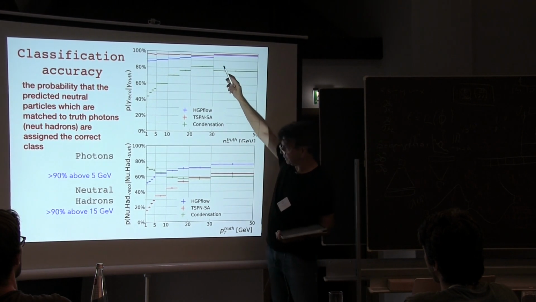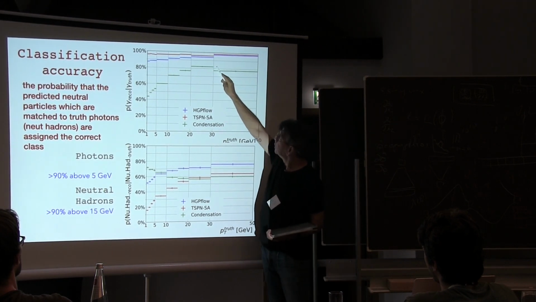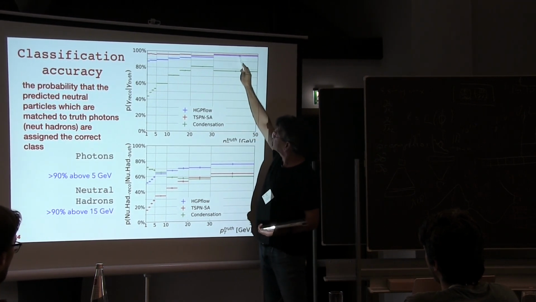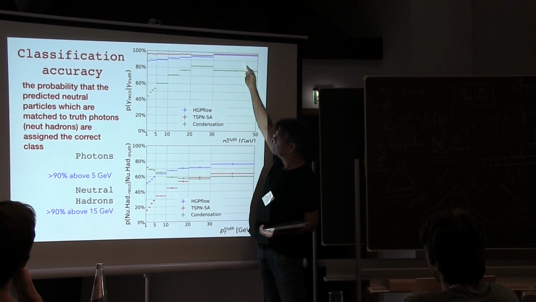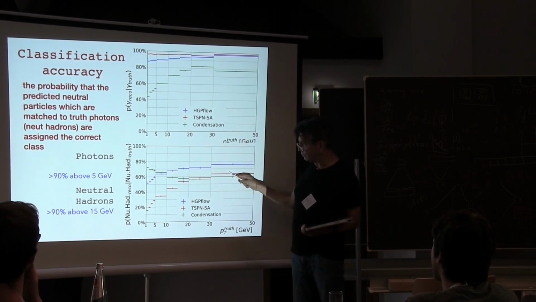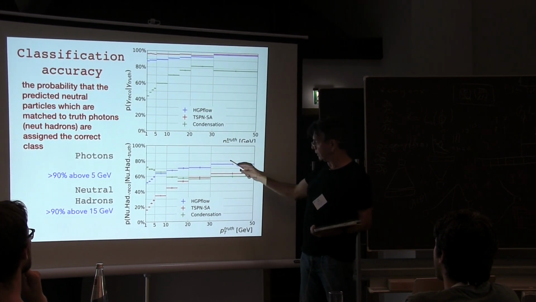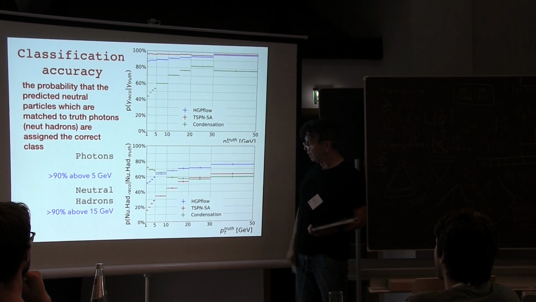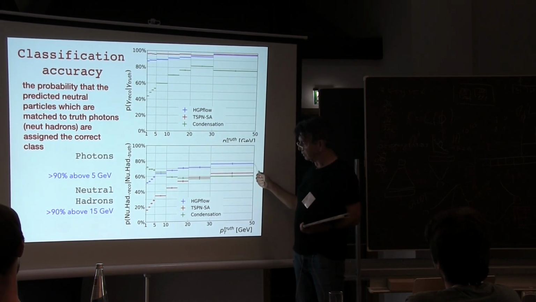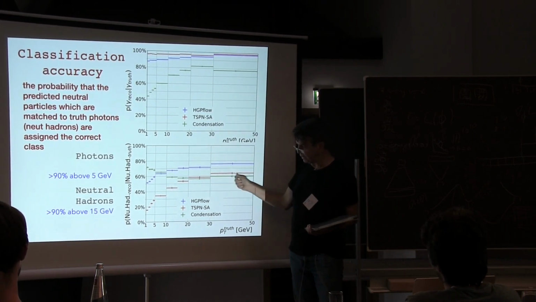And this is this one, the photons. You see, the slot attention is doing a very good job as well. But when it comes to neutral hadrons, the hypergraph is really taking the lead easily.